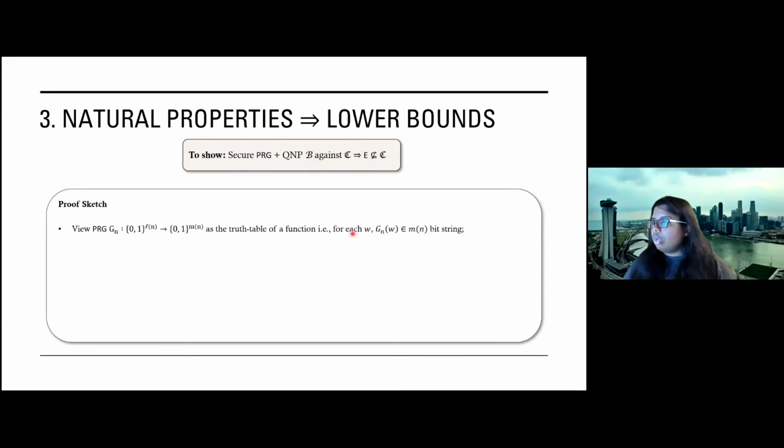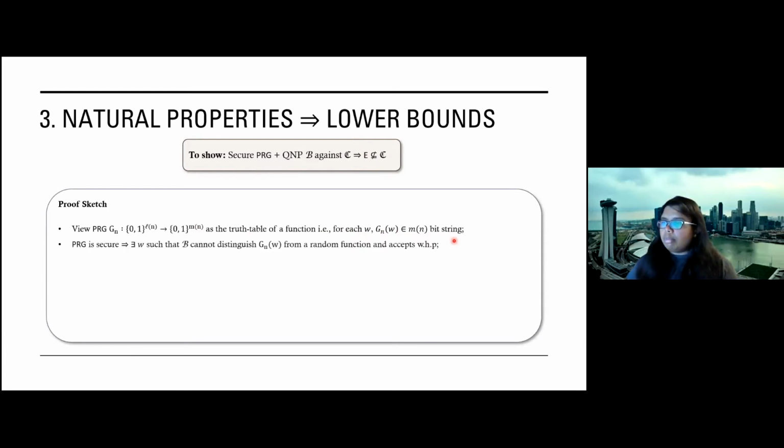For every W, you get an M of n bit string, so you can think of this as the truth table that is M of n bits long. Because the PRG we have assumed to be secure, there exists some W such that Gn of W cannot be distinguished from being random, because if that held, then you essentially have a distinguisher. And if it cannot be distinguished from being random, my natural property is going to accept it with high probability.